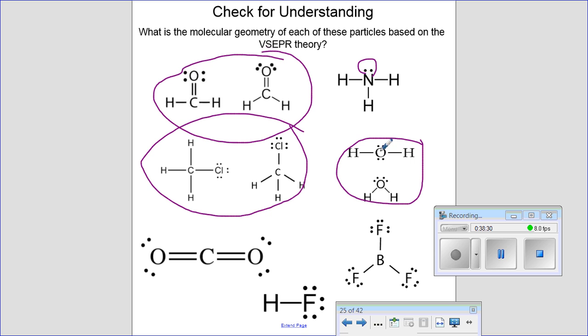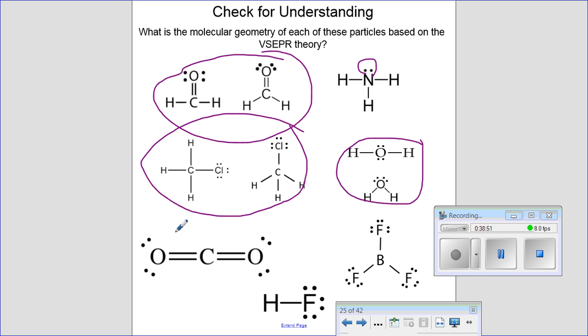Well, you've got 2 lone pairs on that central oxygen, so it cannot be a linear structure. This is going to be bent. Bent has 2 bonded atoms and either 1 or 2 lone pairs of electrons on the central atom, and I've got that on my water. So this is bent.